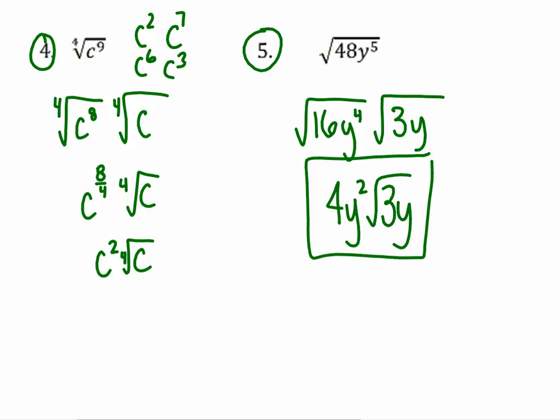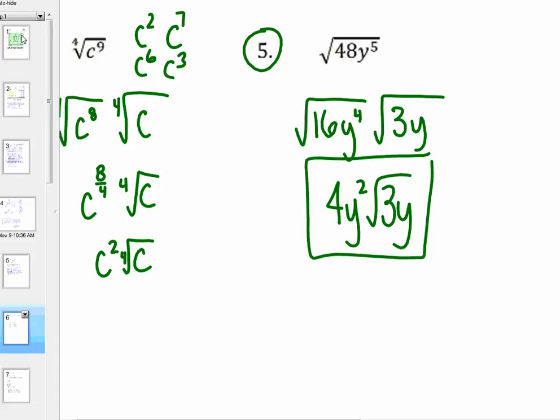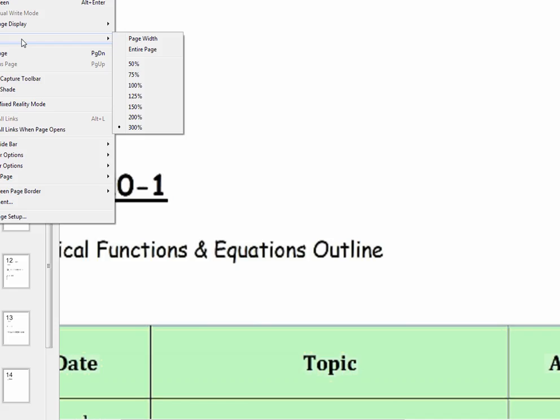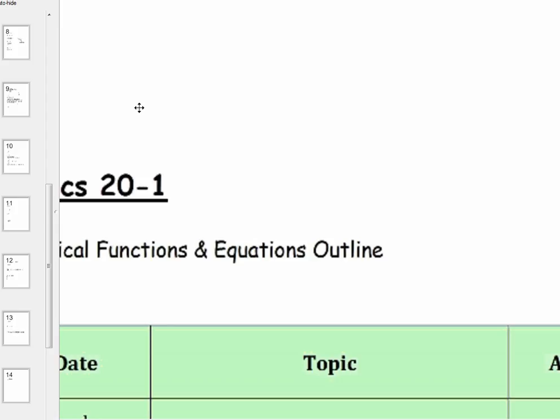Okay, so your assignment for today and tomorrow. Remember that if we have class time tomorrow, it'll be work time. The assignment would be these two right here.